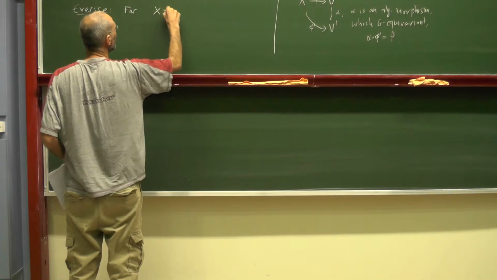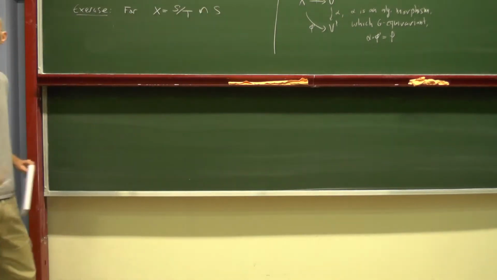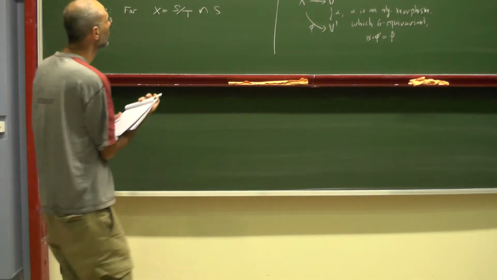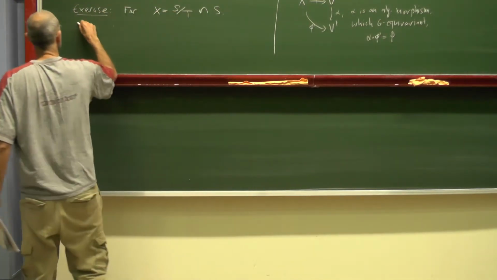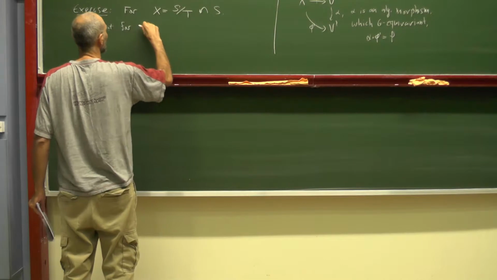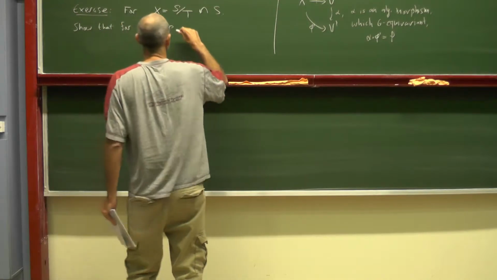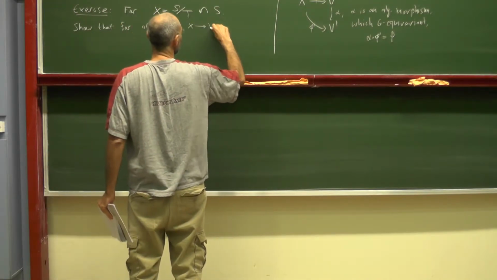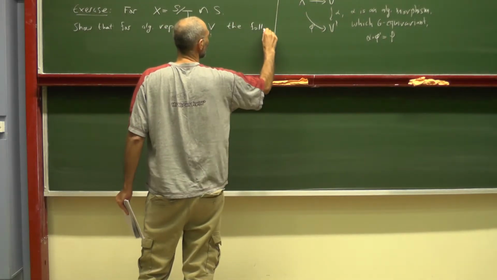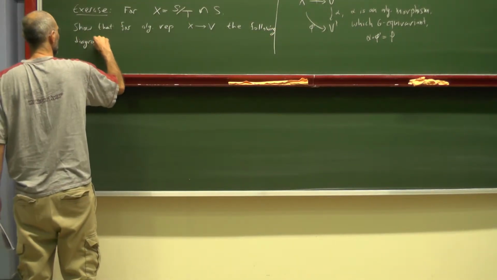Assume X is S mod T, and S acts on it on the left. Show that for every algebraic representation X to V, the following diagram holds.